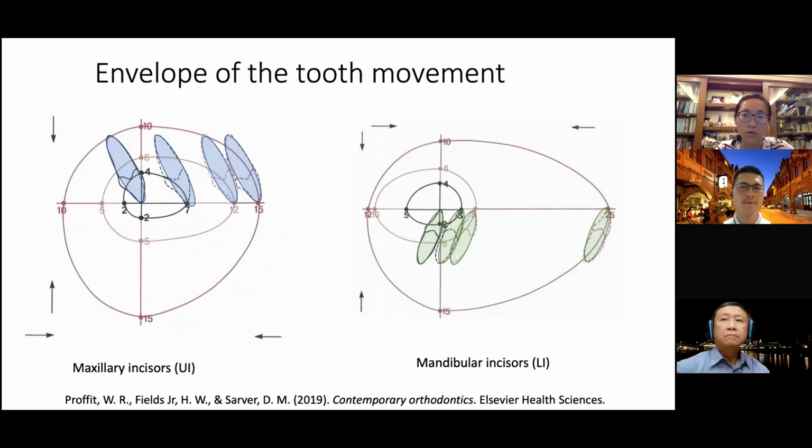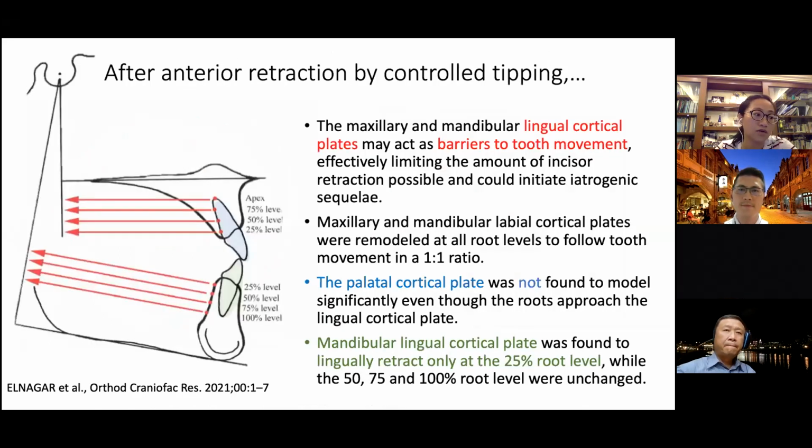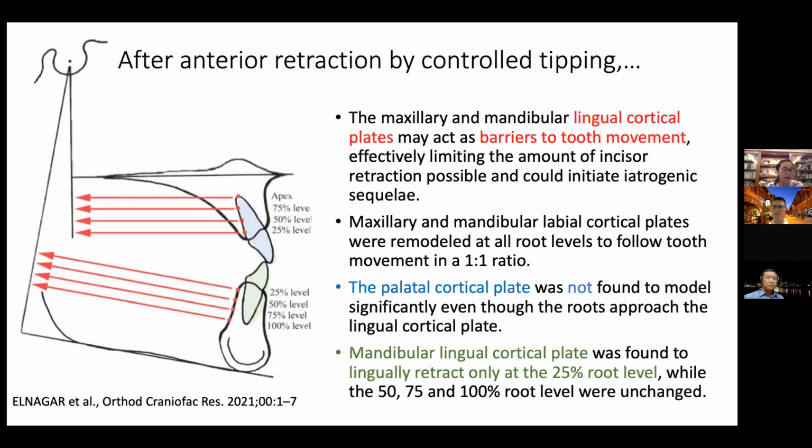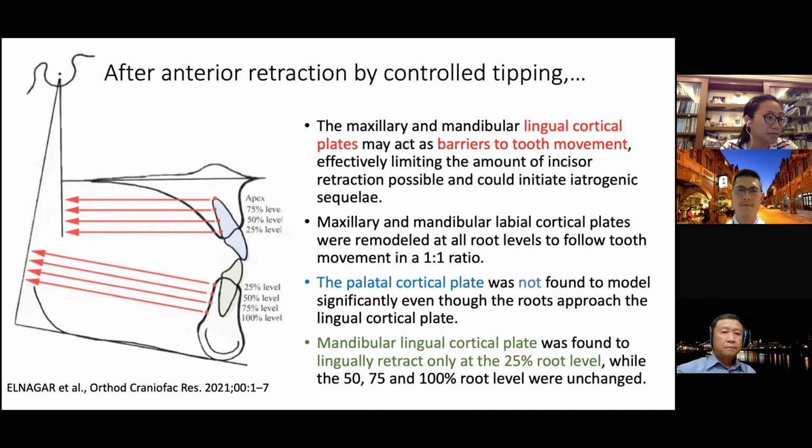However, although we already have these numbers, we should keep in mind that there are still other limitations. The latest study this year showed that we should also consider the physical boundary of the maxillary and mandibular lingual cortical plates. During anterior retraction by controlled tipping, the maxillary and mandibular plates may act as a barrier to tooth movement, effectively limiting the amount of tooth movement.